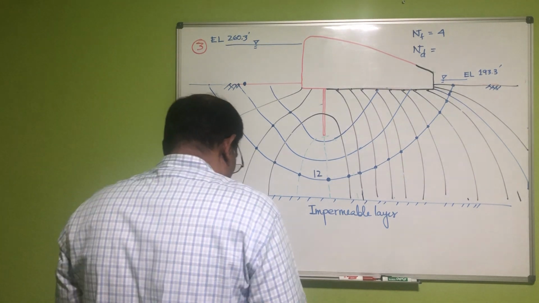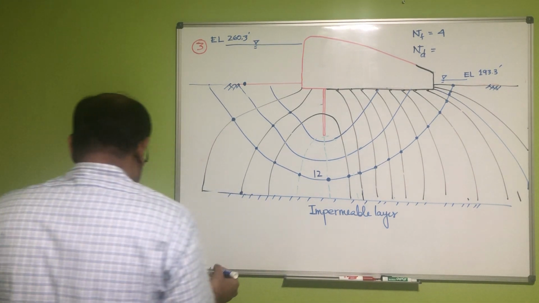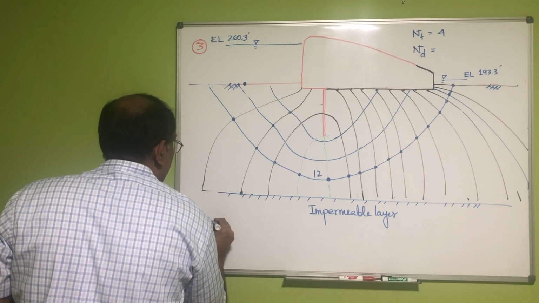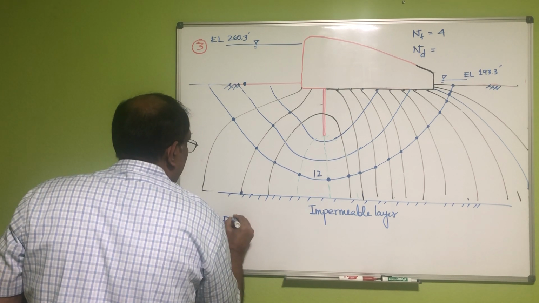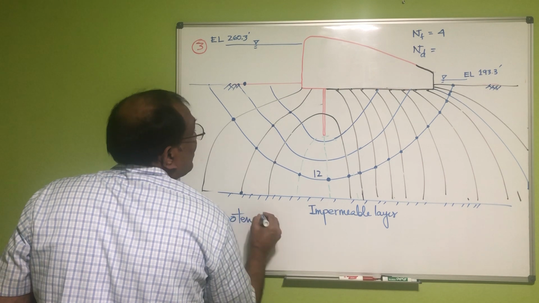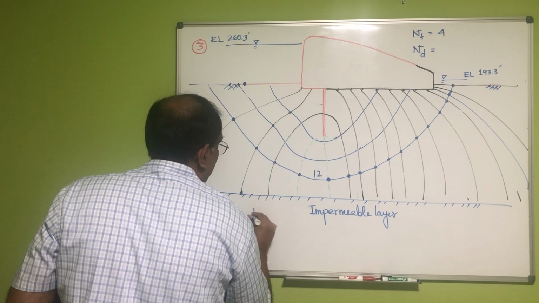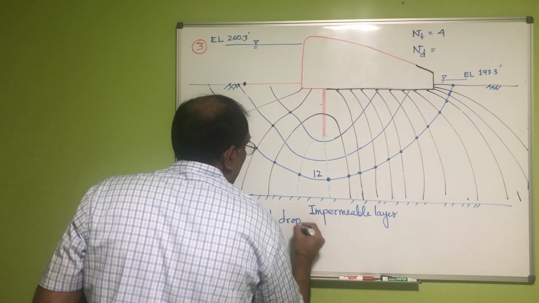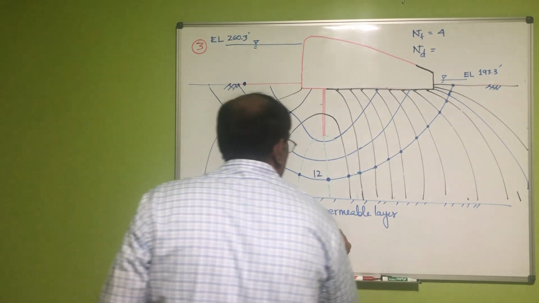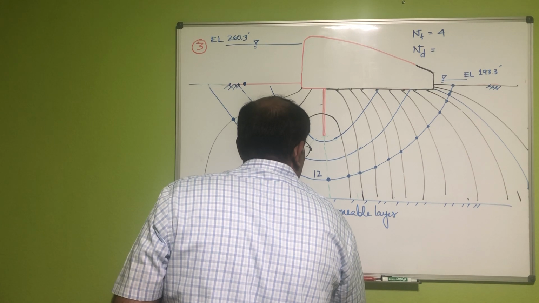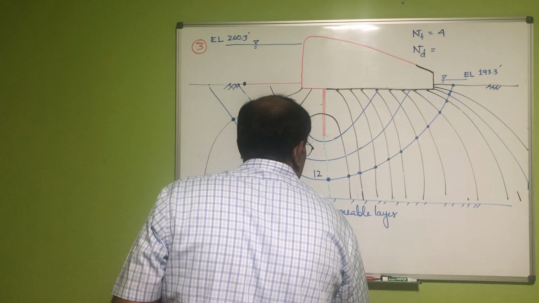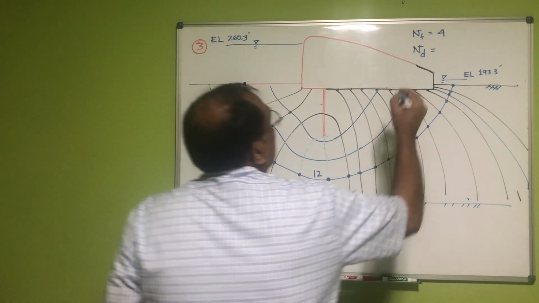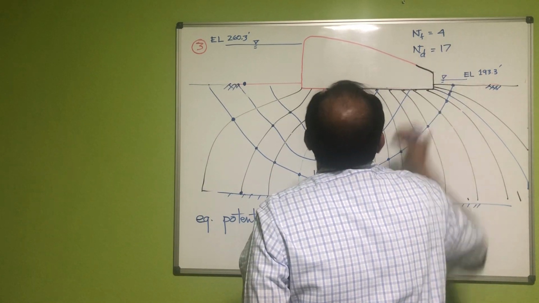So the equipotential drop is equal to the difference in head divided by the number of equipotential drops. So this is 17 here, okay?